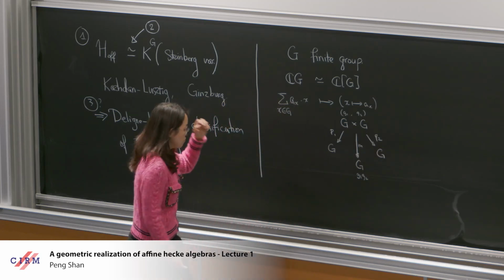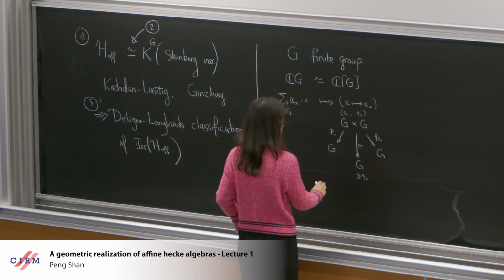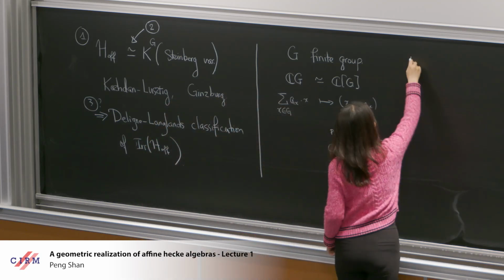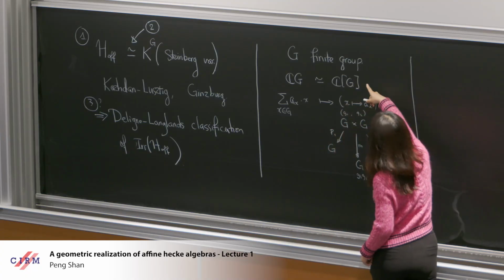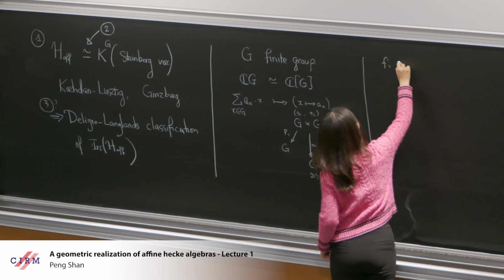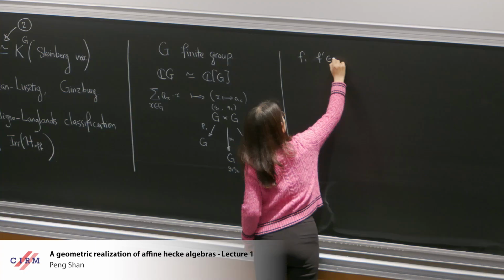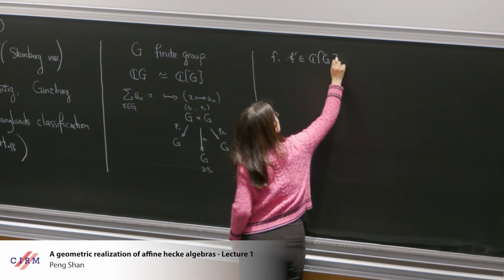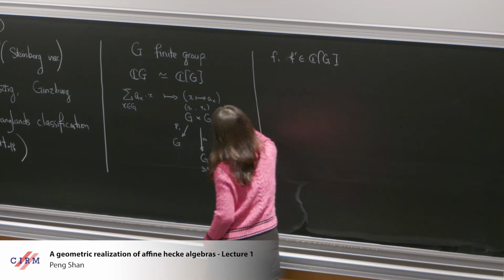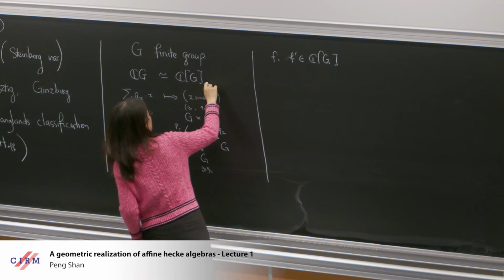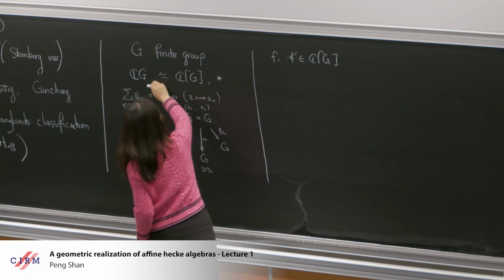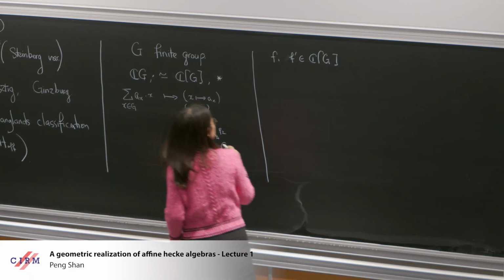Now if you have functions f and f prime on G, we say the product induced by the usual multiplication is denoted by this.